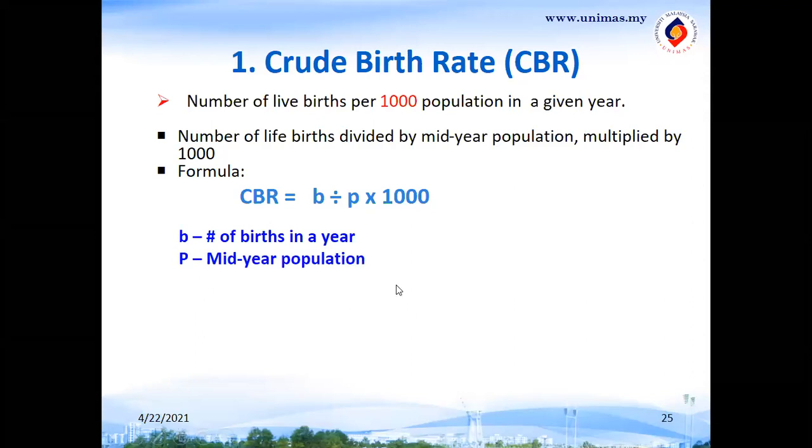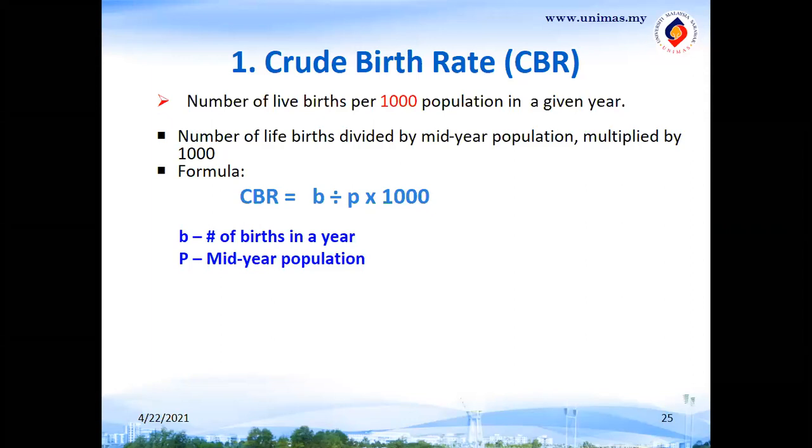Now, why do we use a mid-year population and not the beginning of the year or end of the year? The reason is that we want to get the average population for the year, the population that represents the year in a way. If we use the beginning of the year, it will definitely be lower than the average population for the year.